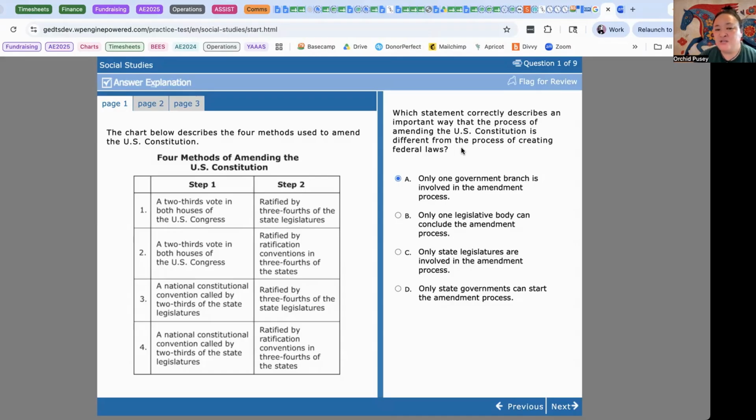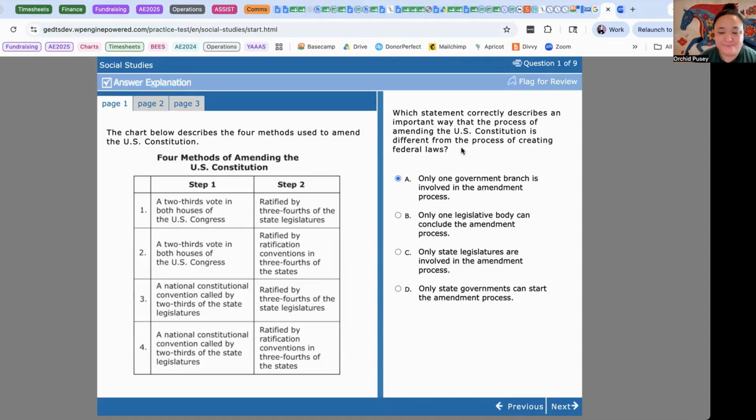Essentially, you look at step 1 in methods 1 and 2, and you can see US Congress is involved here, so this is more than one legislative body getting involved. So B is incorrect. And clearly, US Congress is involved, both houses, so C can't be correct either, because C is saying only state legislatures are involved. Not true.